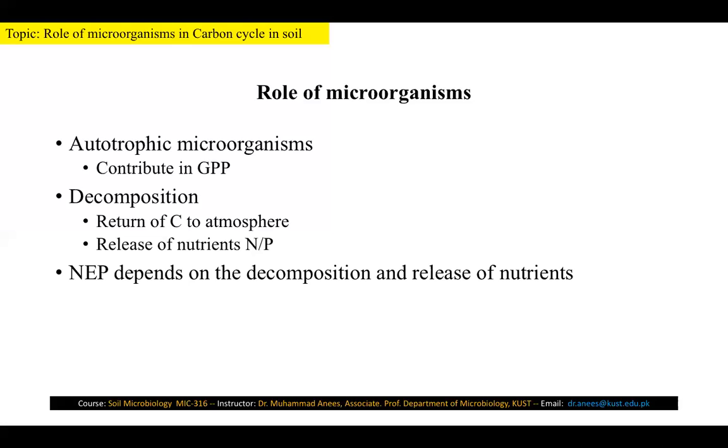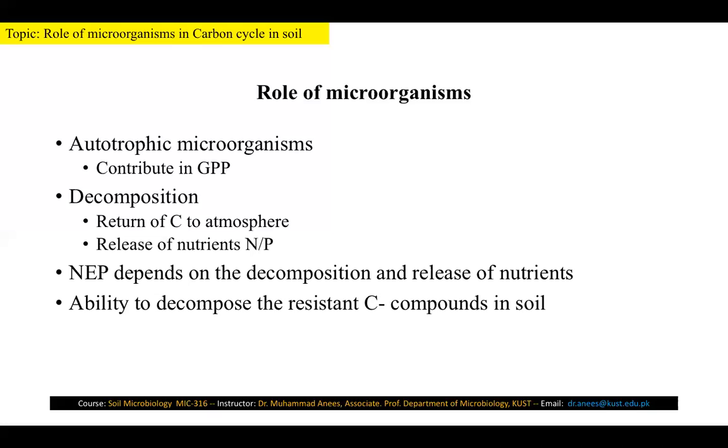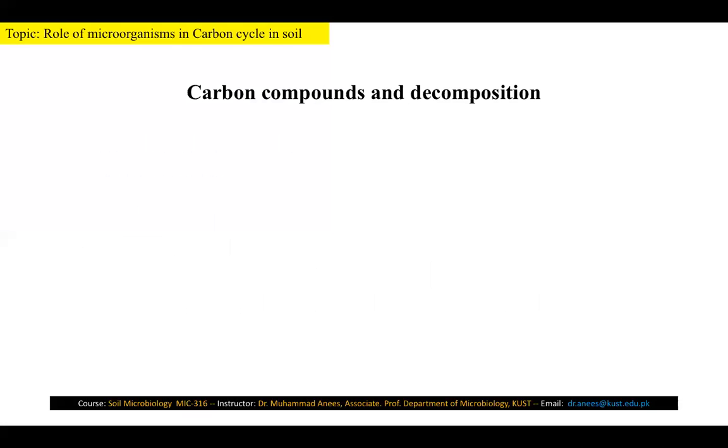If efficient decomposition is there because of microorganisms, there will be more production in the ecosystem. And then the microorganisms are also responsible for the decomposition of highly resistant carbon compounds.